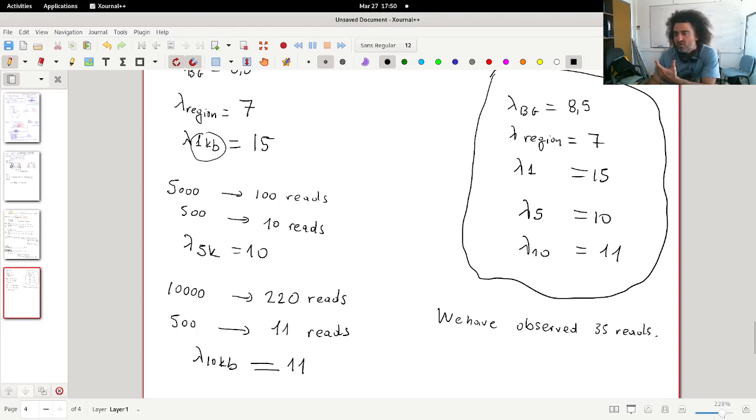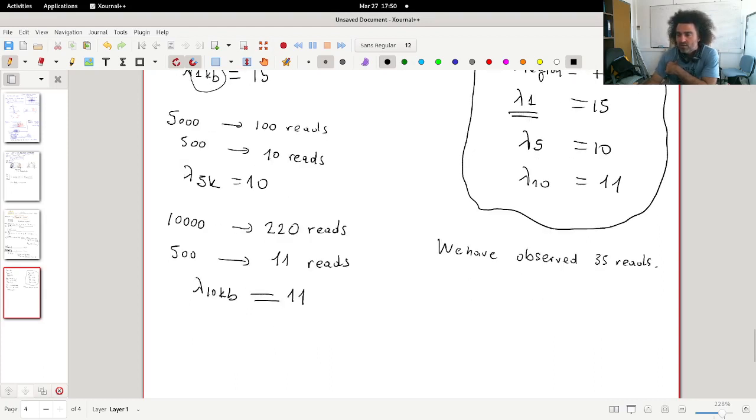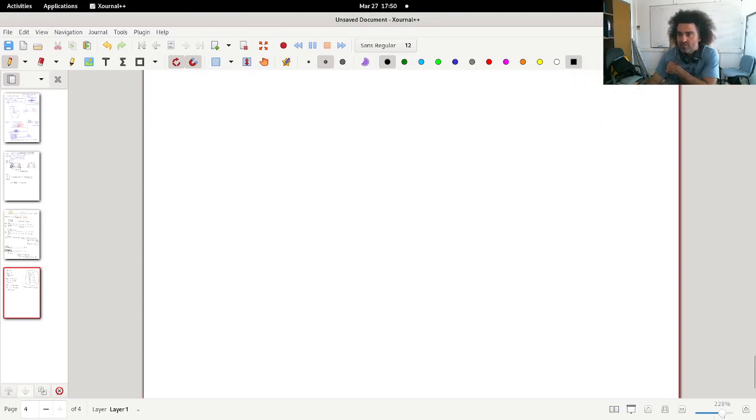If we want to be conservative, we will think that this region with the 35 reads might have been generated from the process that has the highest lambda. And the process with the highest lambda is this one, because 15 is greater than any one of them. So we take the maximum of them, and let's call it lambda, is 15.